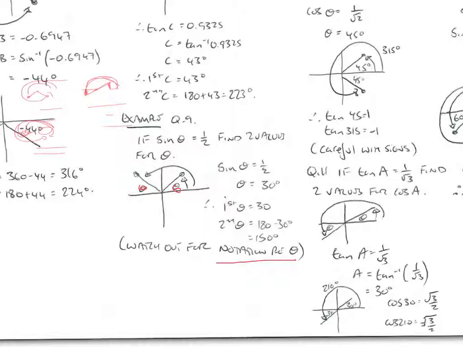So sine theta is a half, it's positive, so that must be one of them, this must be the other. Theta is 30, so that's 30, that's 30, so our first angle is 30, and our second is 180 minus 30, which is 150.